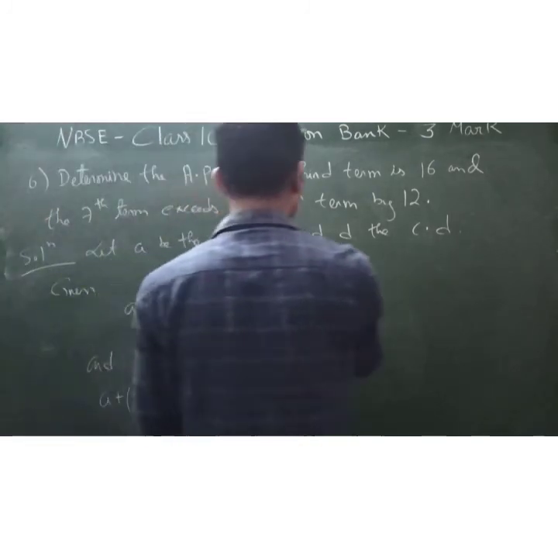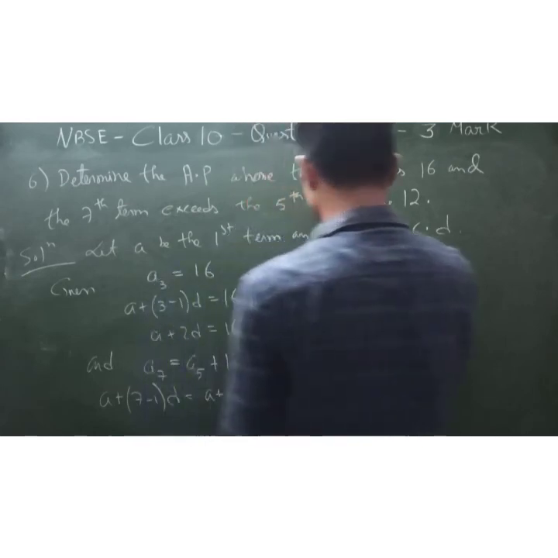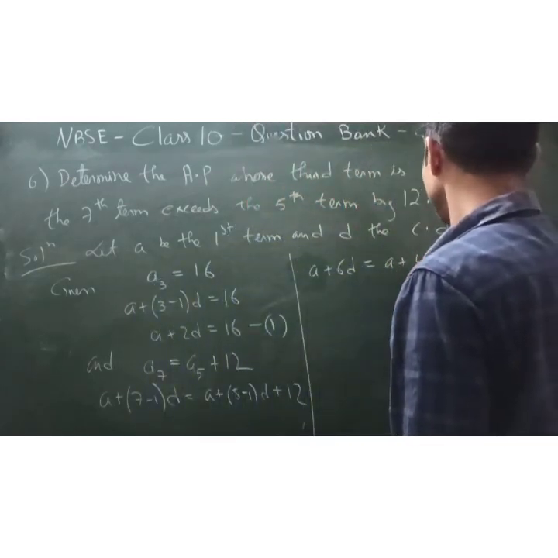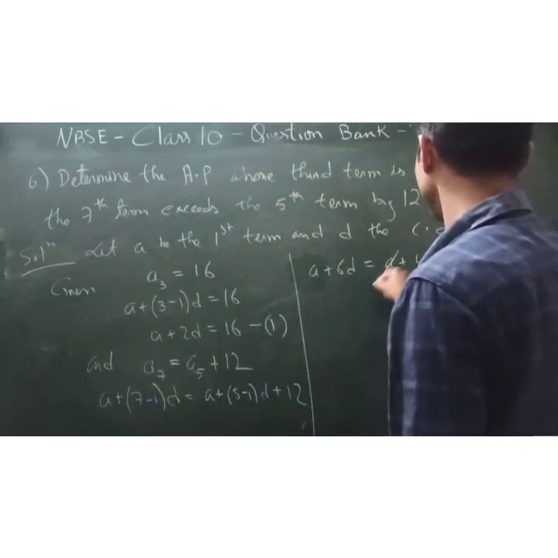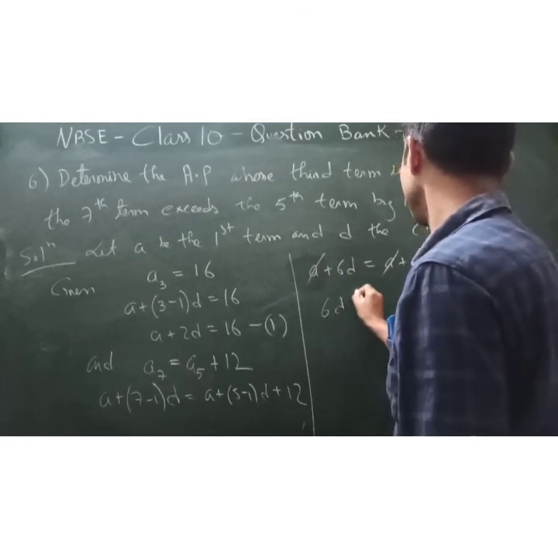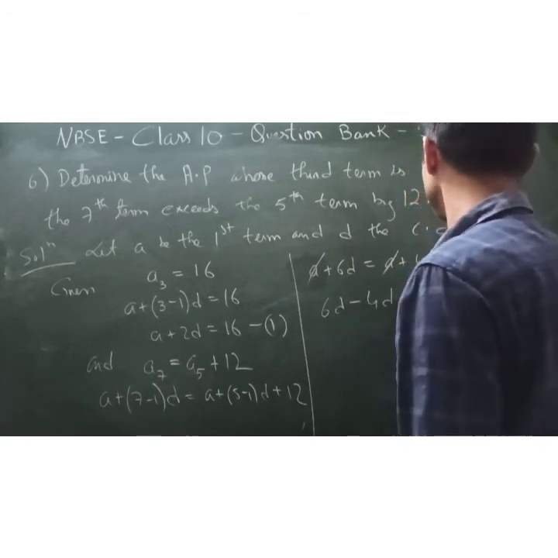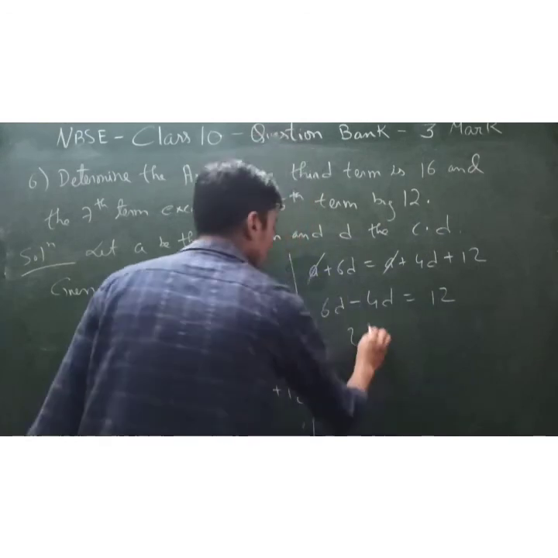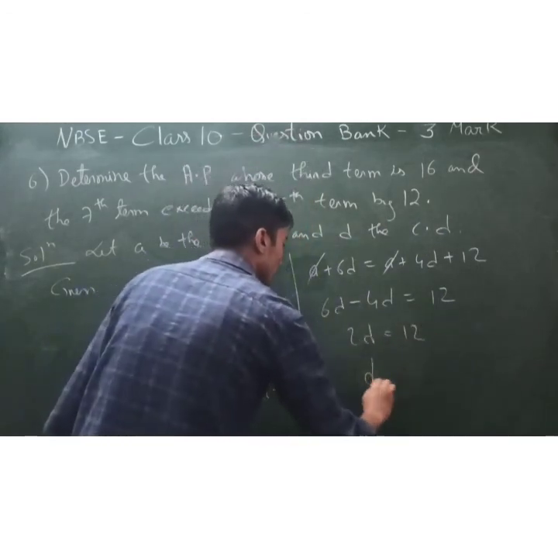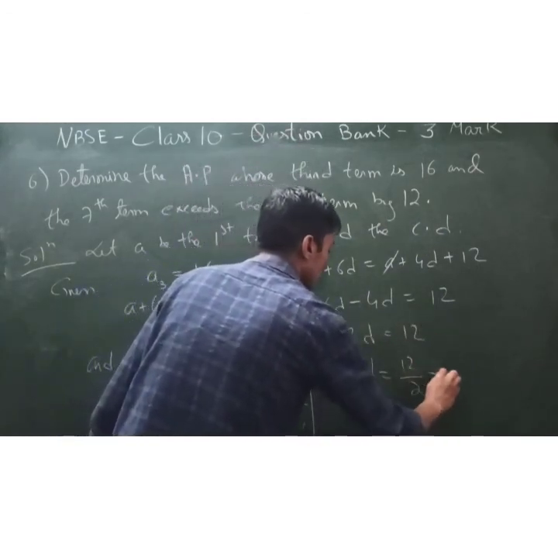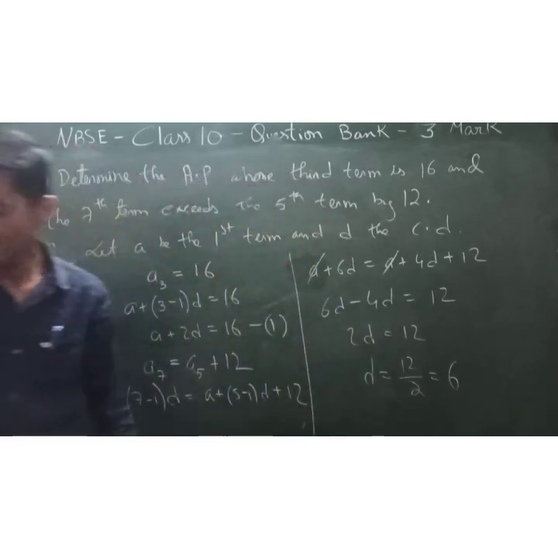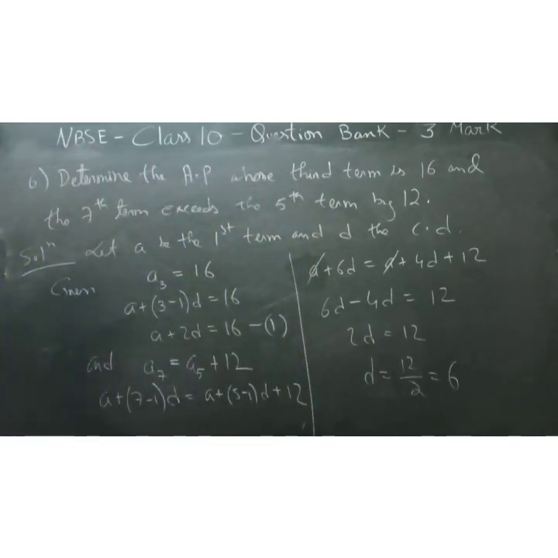If we further simplify, A plus 6D is equal to A plus 4D plus 12. A cancels, 6D minus 4D is equal to 12. 2D is equal to 12, D is equal to 12 by 2, that is 6. So the value of D we have as 6.